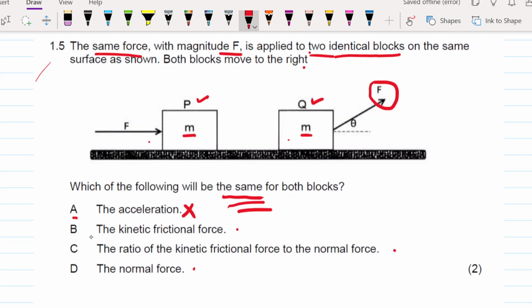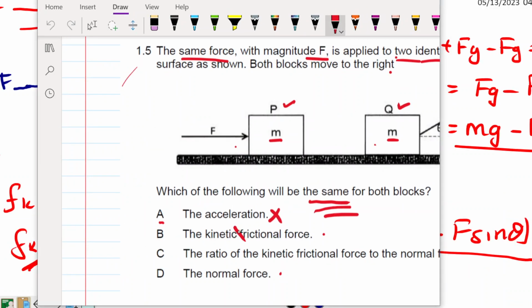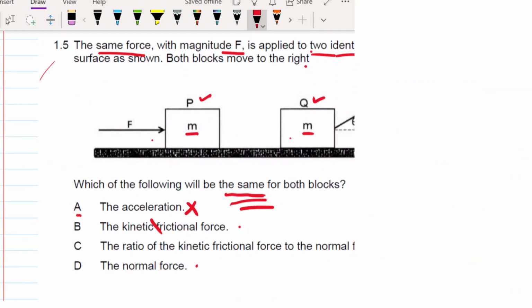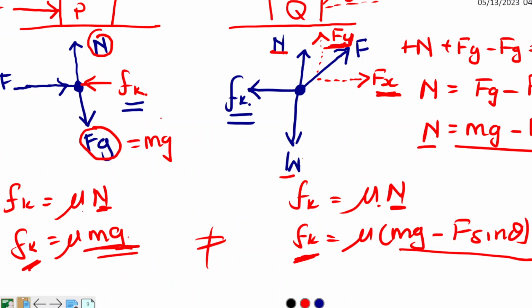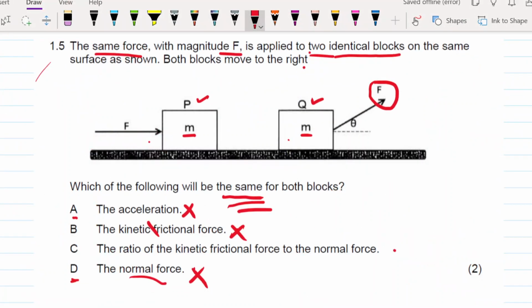So B cannot be the option, so we don't take B. Now for D also, the normal force here is mg, and the normal force here is mg minus F sine theta. So it cannot be option D either.